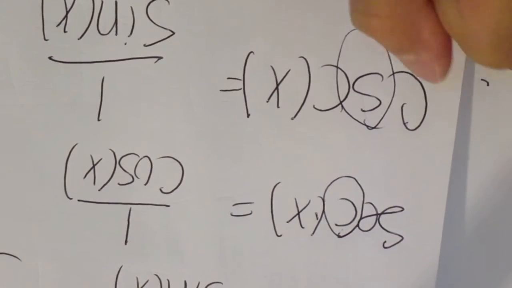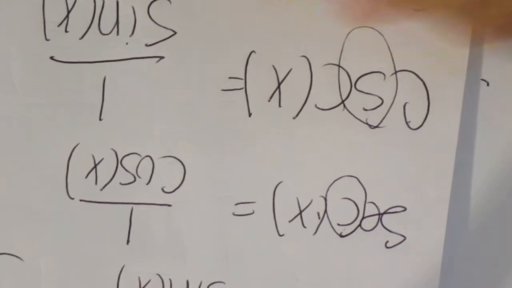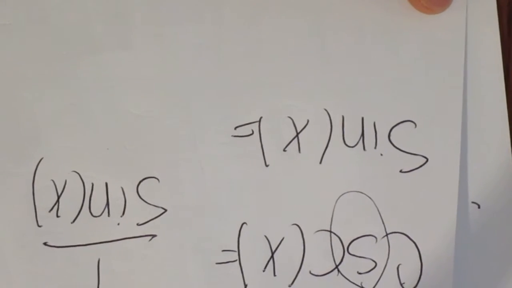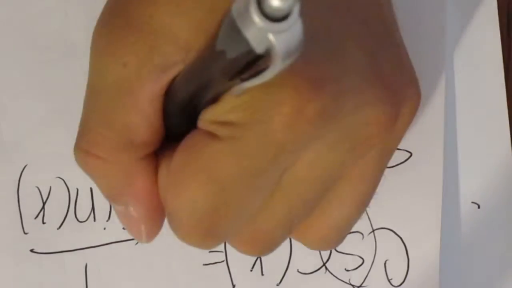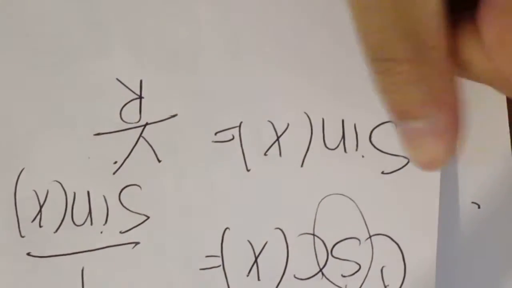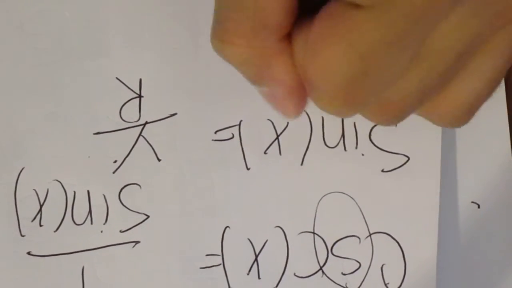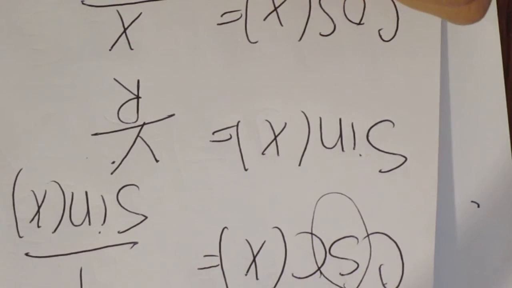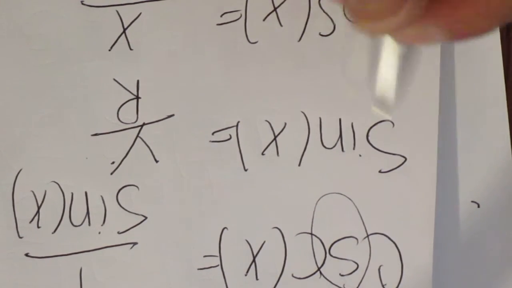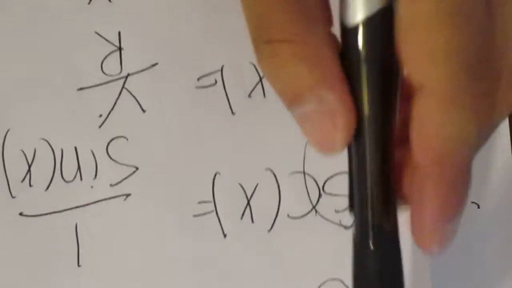Sine of x is y over the radius, and cosine of x is x over the radius. So you have all 6 of them.